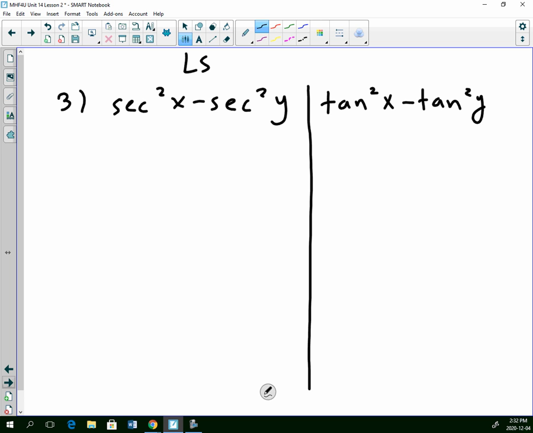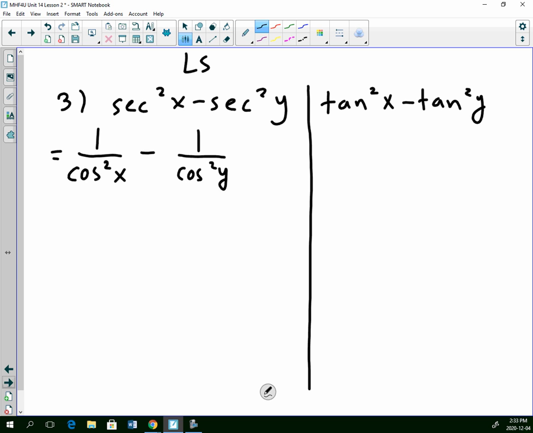Okay, so same strategy applies. I am going to change terms to sine and cosine and then see what I can do to simplify. So secant is equal to 1 over cosine, so that would be squared. And likewise with secant squared y, oops, that would be equal to 1 over cosine squared y.